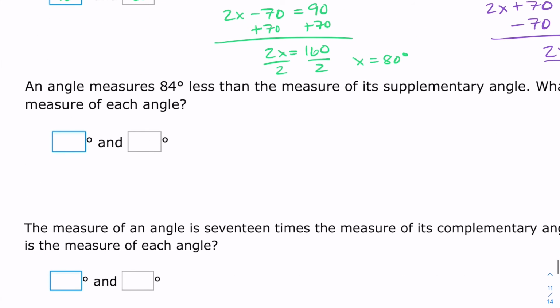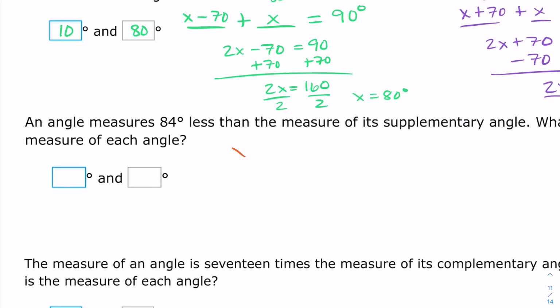Okay? This next one, we have an angle that measures 84 less than the measure of its supplementary angle. So I'm going to set it up like my traditional one. So x minus 84 plus x equals 180. So 2x minus 84 equals 180, because I'm saying that this is 84 less than the measure of this angle, and they're supplementary, which means they add up to 180 degrees.